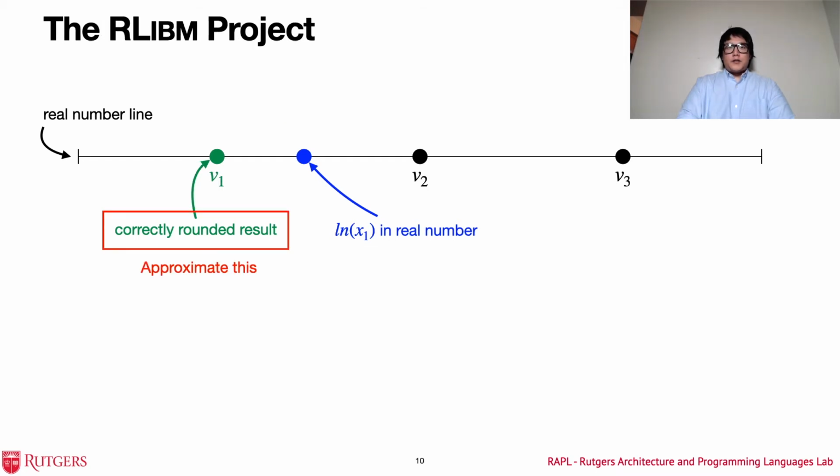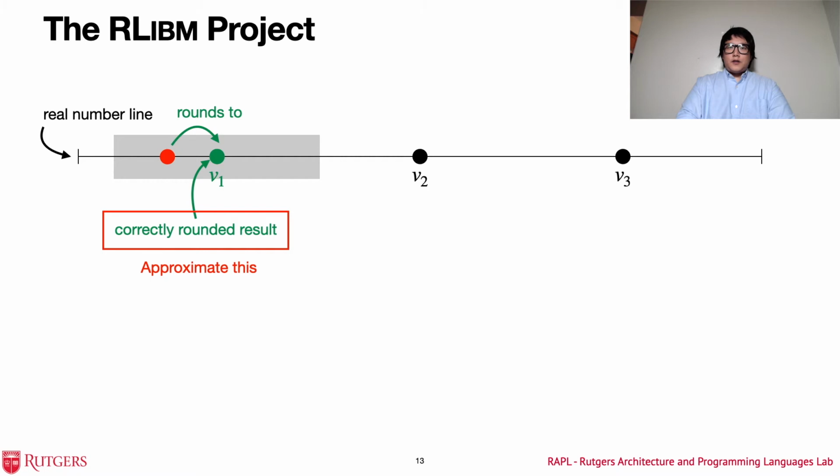In the RLibM project, we have been making a case for approximating the correctly rounded result to generate polynomial approximations. In contrast, all existing libraries have been trying to approximate the real value of f of x. The intuition of the RLibM project is that there is a range of values in the vicinity of the correctly rounded result, this gray box, where all values in this interval round to the correctly rounded result. We call this interval the rounding interval.